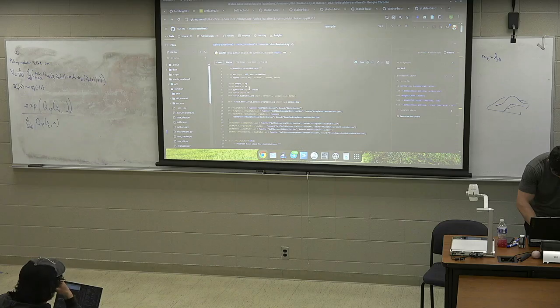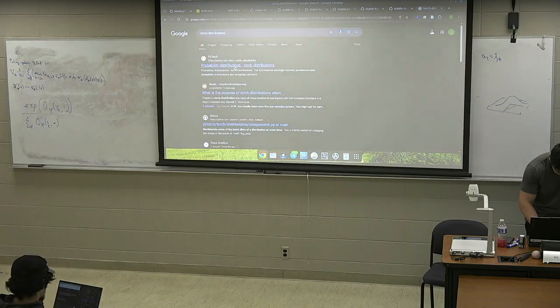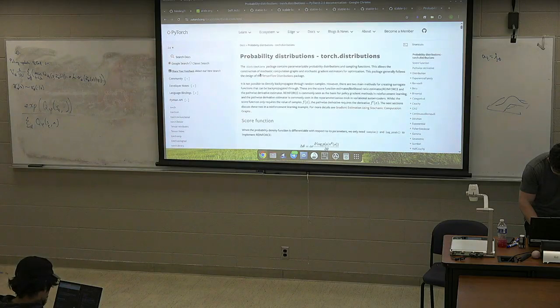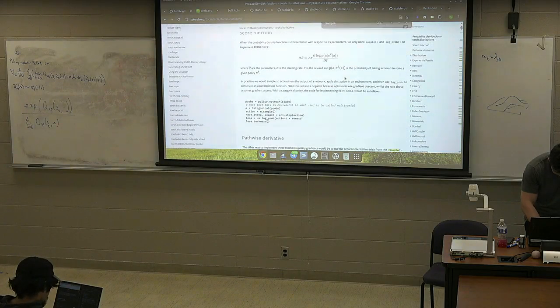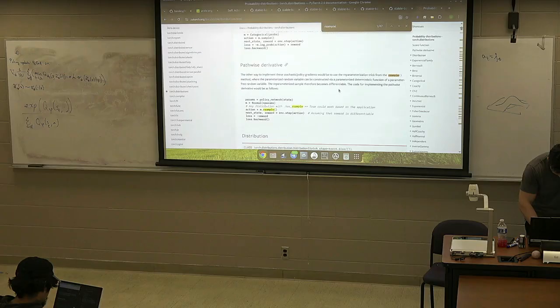Where's the actions? So torch.distributions. Okay. So the reparametrization trick is just in PyTorch.